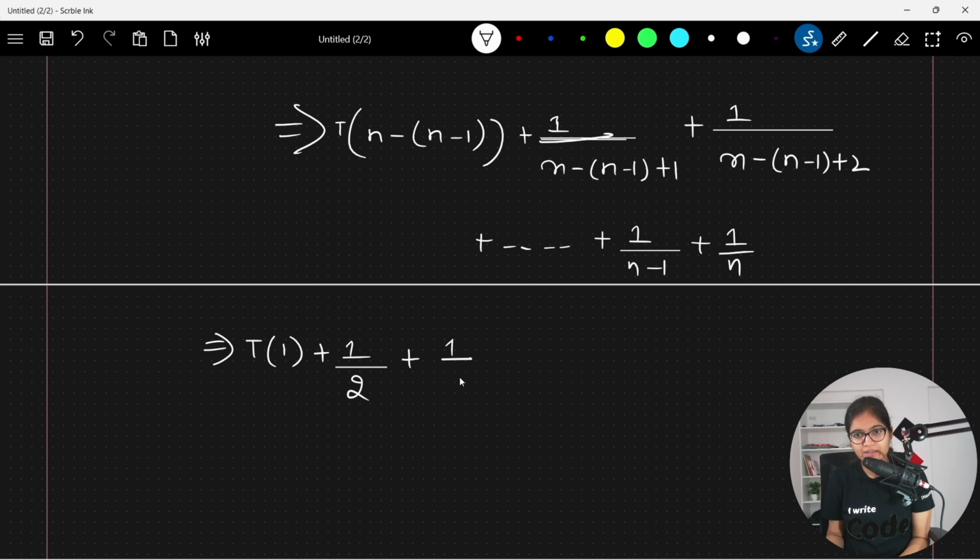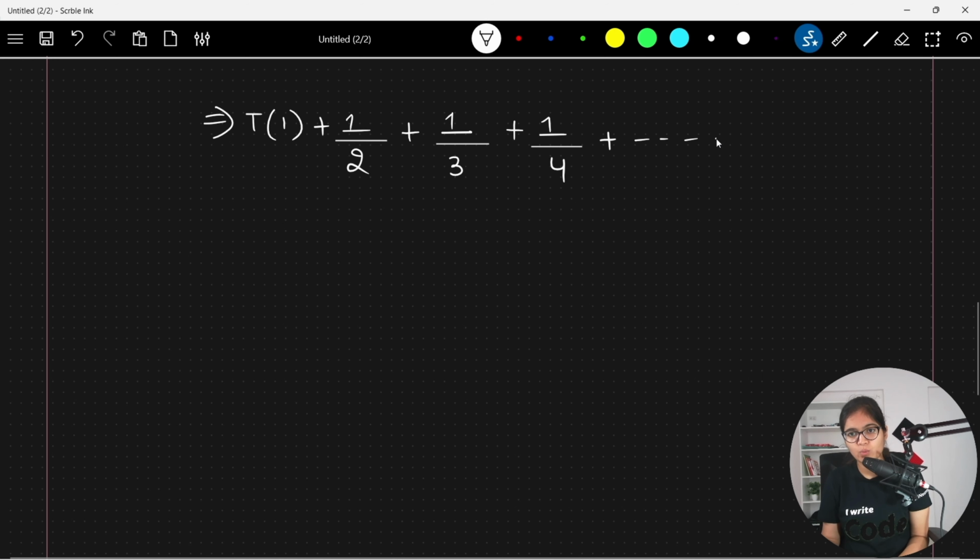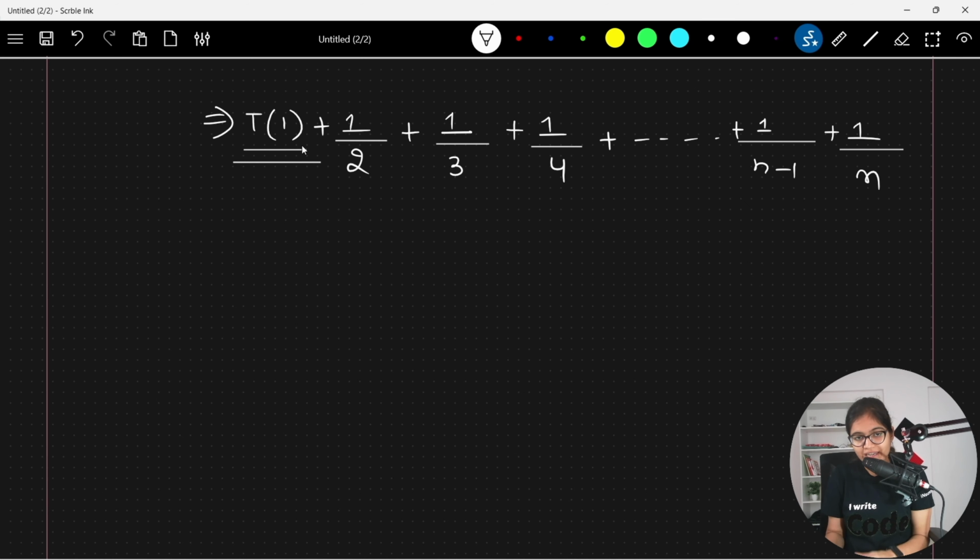Then we will get 1 divided by 3. You can try to solve this. You will get 1 divided by 4, and so on, until 1 divided by n minus 1 plus 1 divided by n. We know that when n is equal to 1, the value will become 1, because we know that the value of t of 1 is equal to 1.